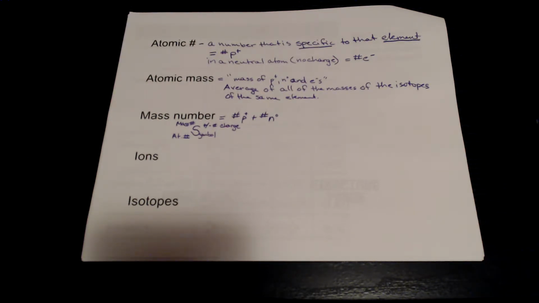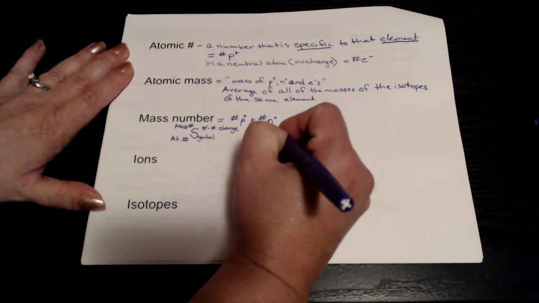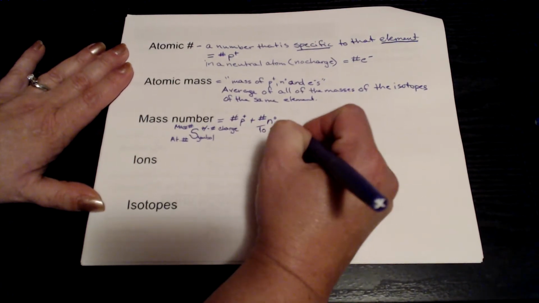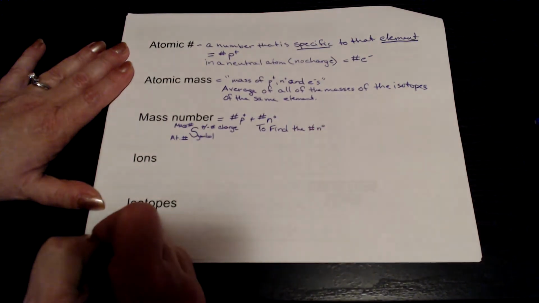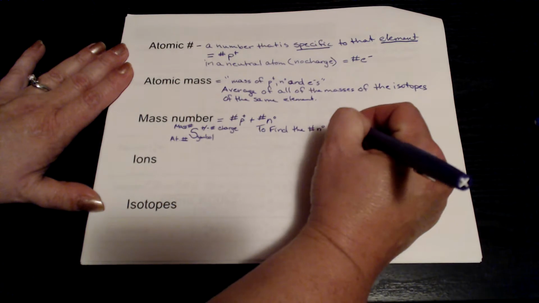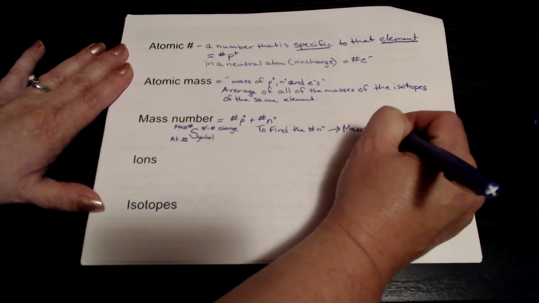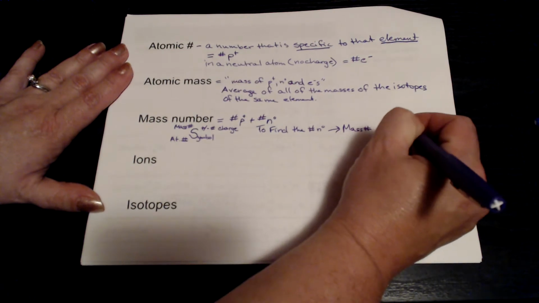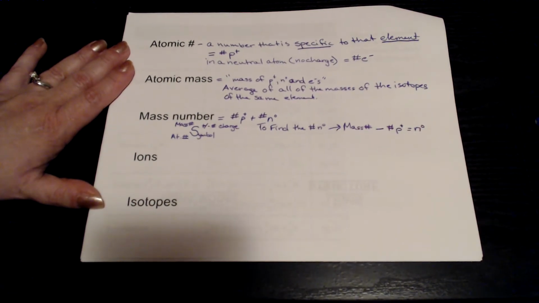The reason why I'm pointing this out to you now is because in order to find the number of neutrons, we're going to take the mass number and subtract the number of protons, and that will give us our neutrons.